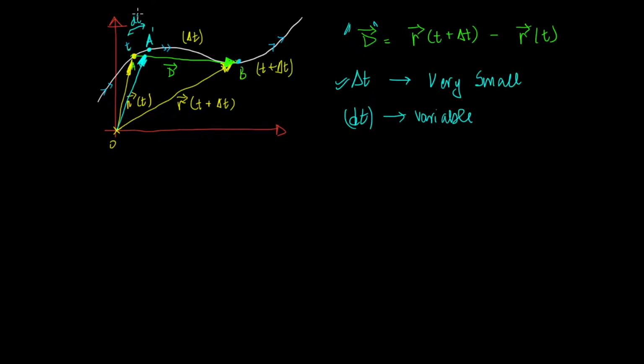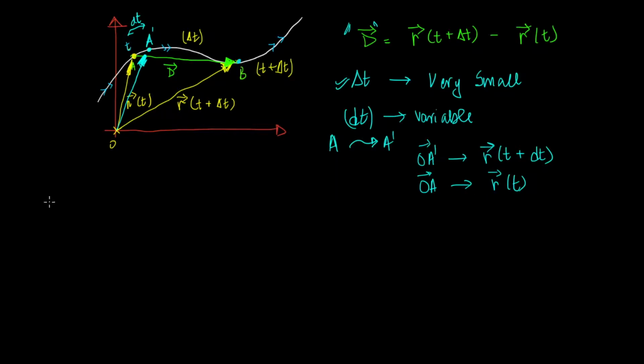So dt is the time the body takes from A to A prime along the trajectory. That means the vector OA prime becomes a position vector at time t plus dt. And OA, as before, is the position vector at time t.